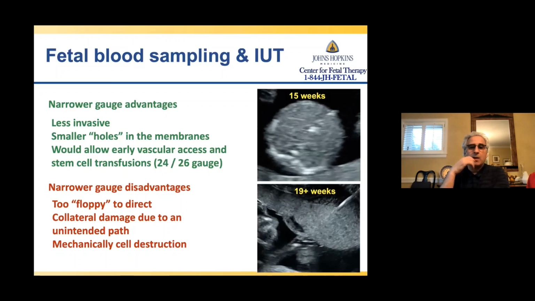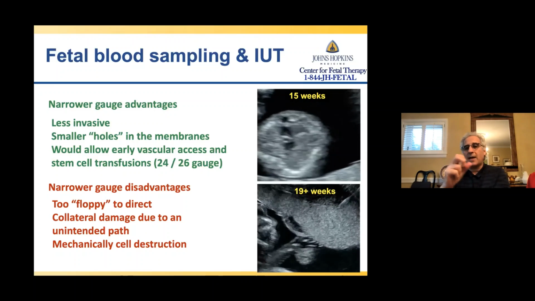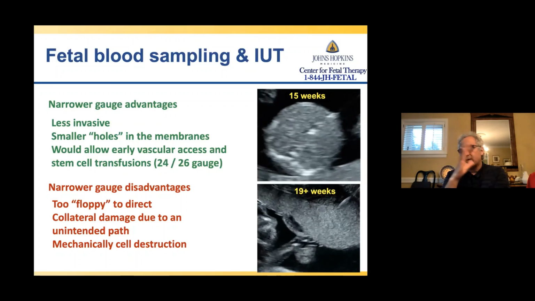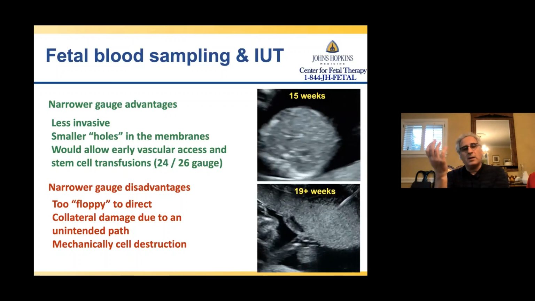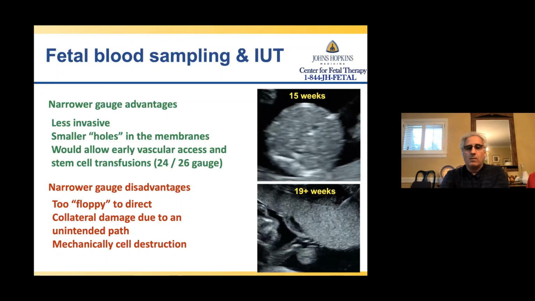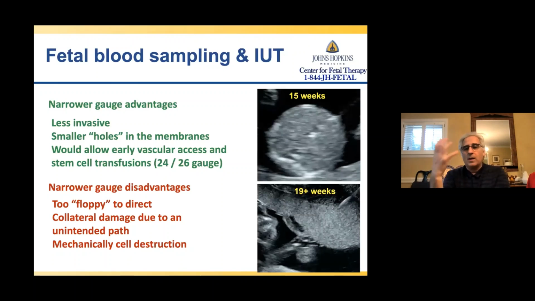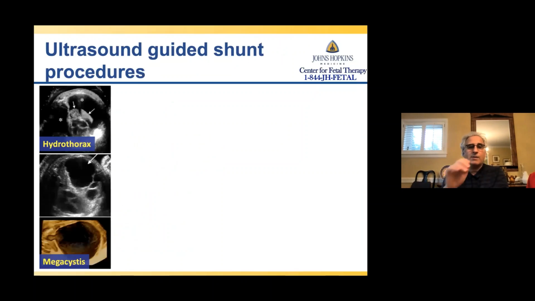Obviously, the lumen of a needle can only be of a certain width before you lose the stability of the needle. But I'd often wondered if there are any materials that might actually be more sturdy to use for these kinds of interventions. Now, moving to the next kind of procedures, ultrasound-guided shunt procedures are the next thing.